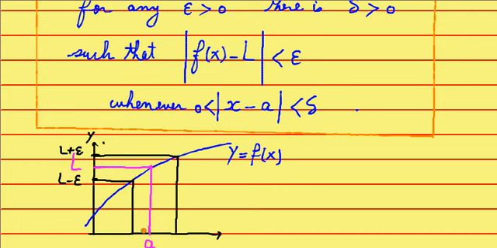Well, for example, if I go as far as here, excluding the A itself again, if I lay a trap here, that is, I restrict my x's to live inside of this orange region, then my y is going to live in between these two horizontal black lines here.